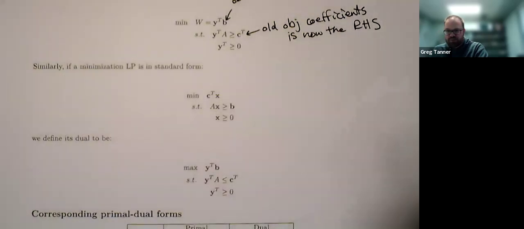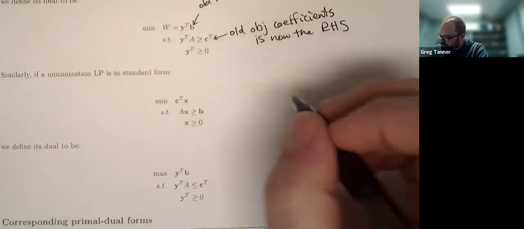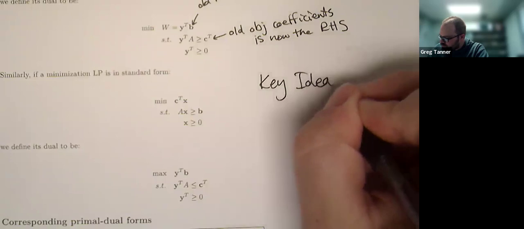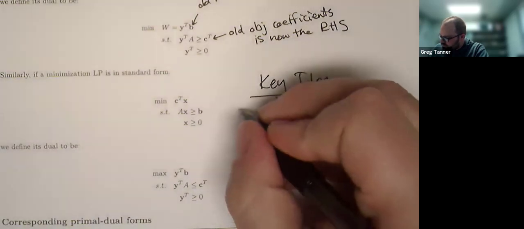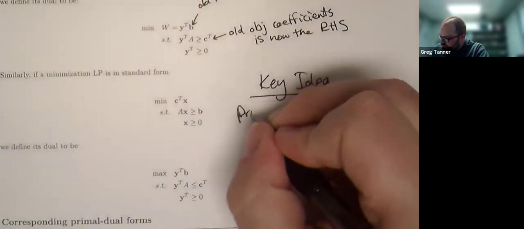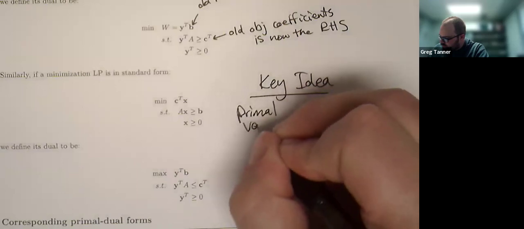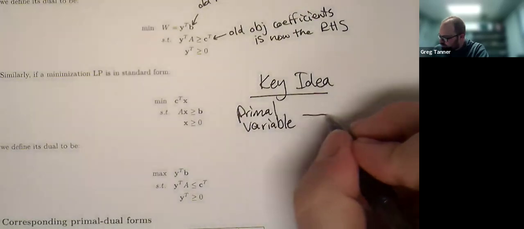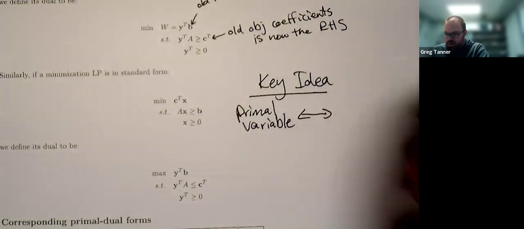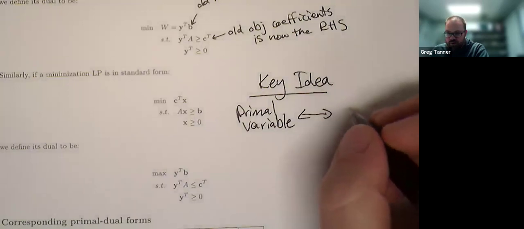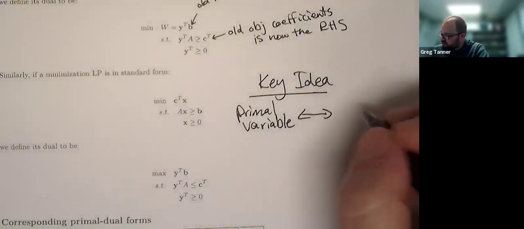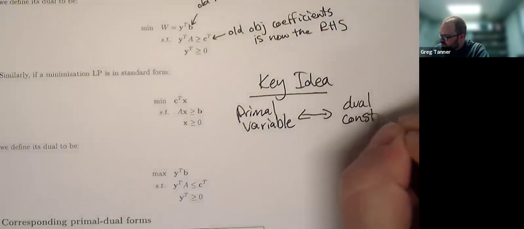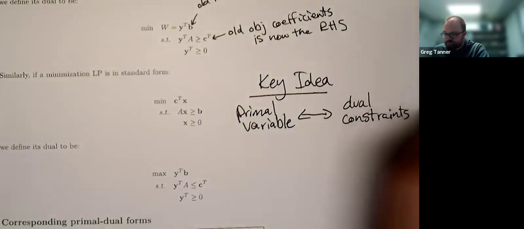So, key idea. Primal variables, the variables in your original problem, have a one-to-one correspondence with the constraints in your dual problem.